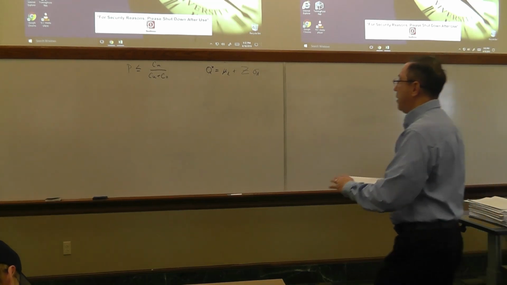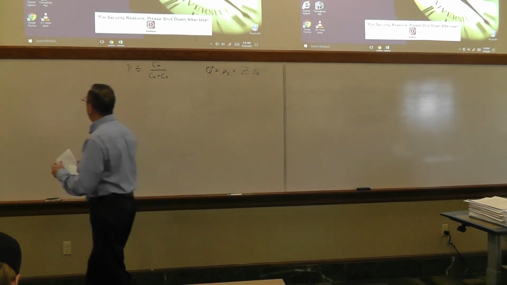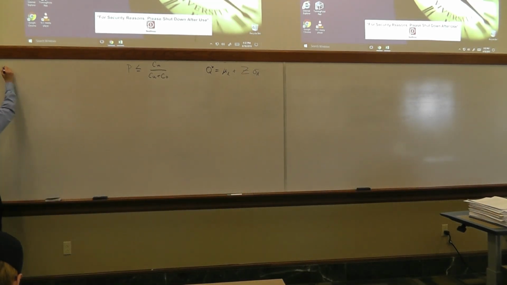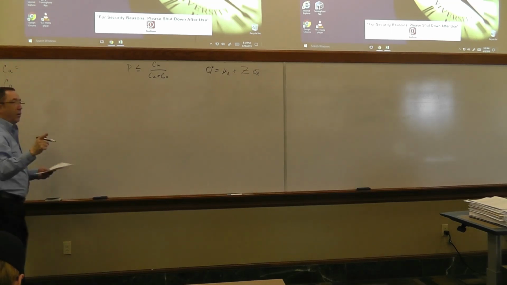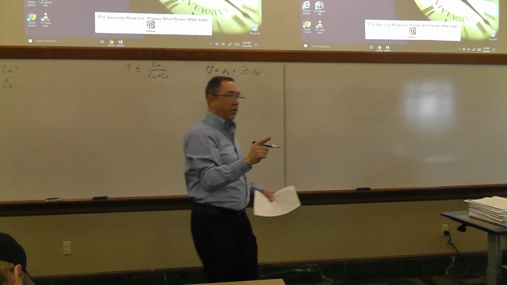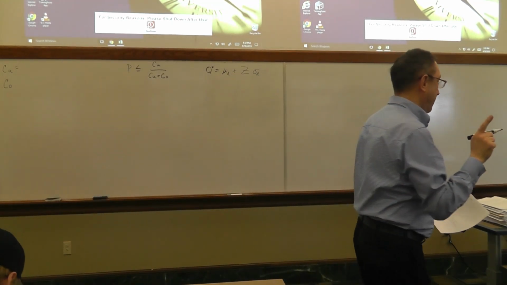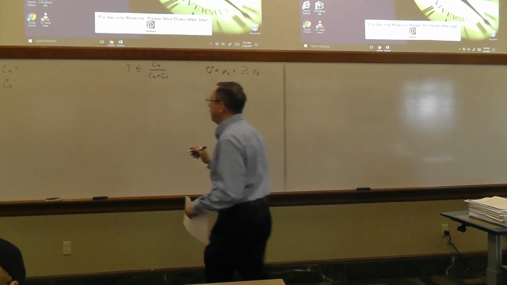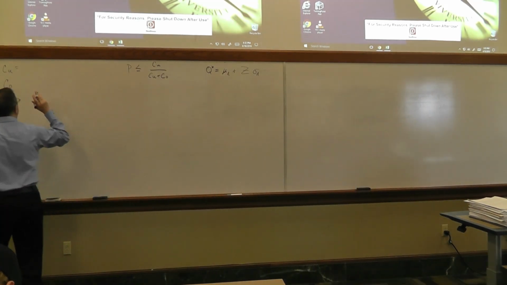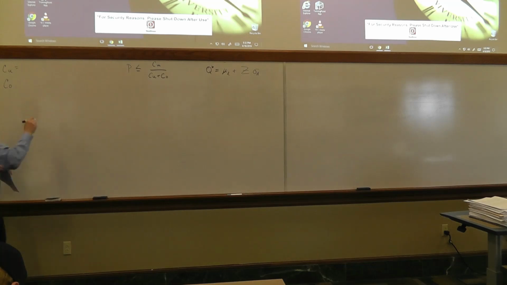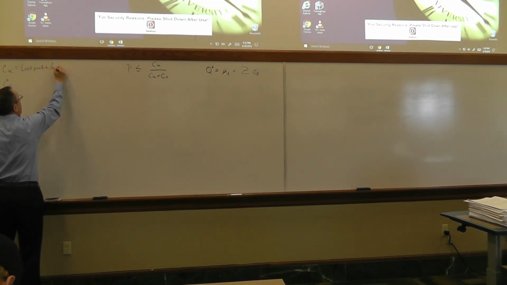So CU and CO are our costs of under ordering and over ordering. If you under order, that means you didn't order enough, someone came and demanded a unit, and you could not sell it. Lost profit is under order. And it's marginal. All of this is marginal analysis. So it's the lost profit per unit.